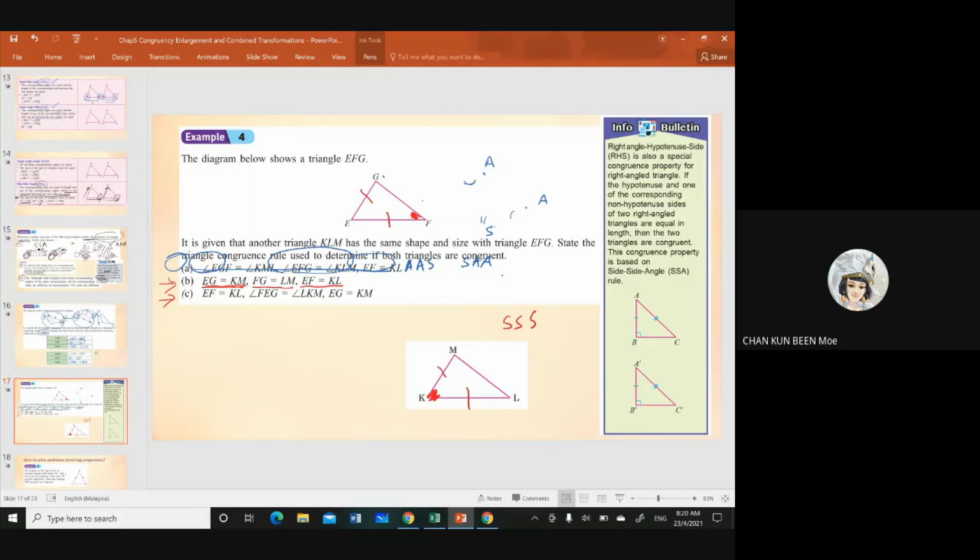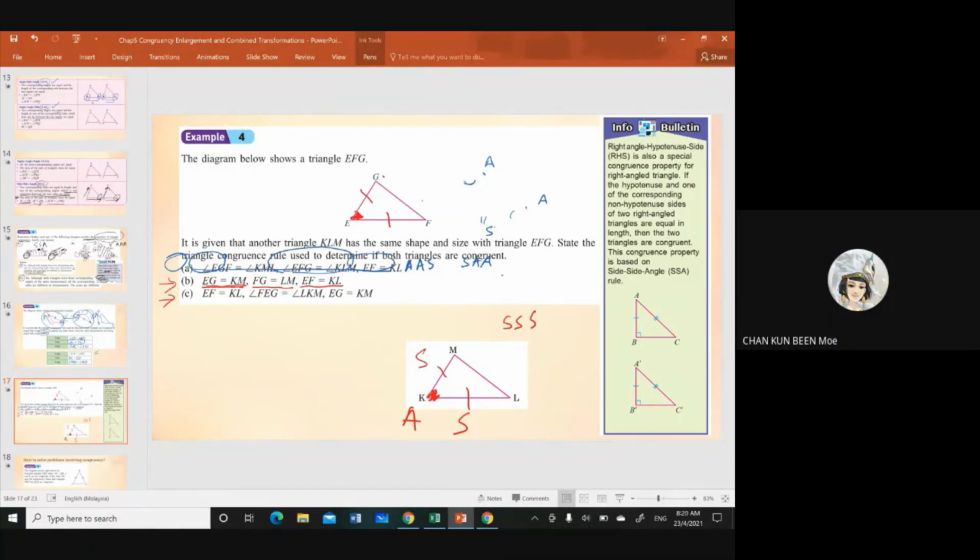So the M I wrote down correctly. FEG. Oh, my angle is wrong, sorry. FEG is not this one. FEG is here, the angle E. Okay, so can you identify this is under which triangle congruence rule? SAS. Yes, correct. That's very clear. SAS. So do you have problem with identifying? No. Right. Okay, thank you.